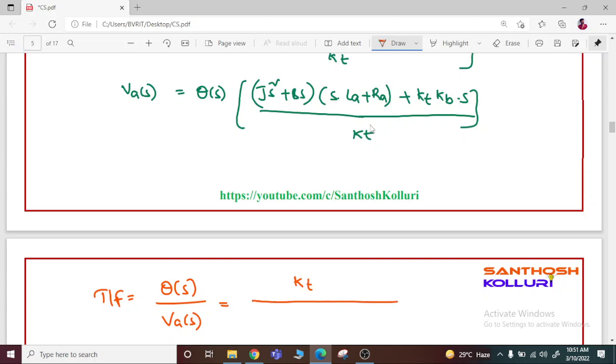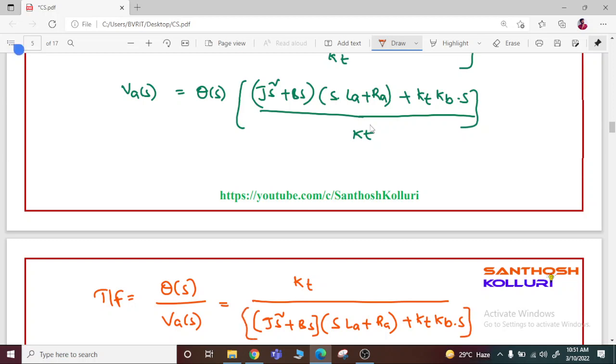Kt divided by (Js square plus Bs) into (s into La plus Ra) plus Kt Kb into s.